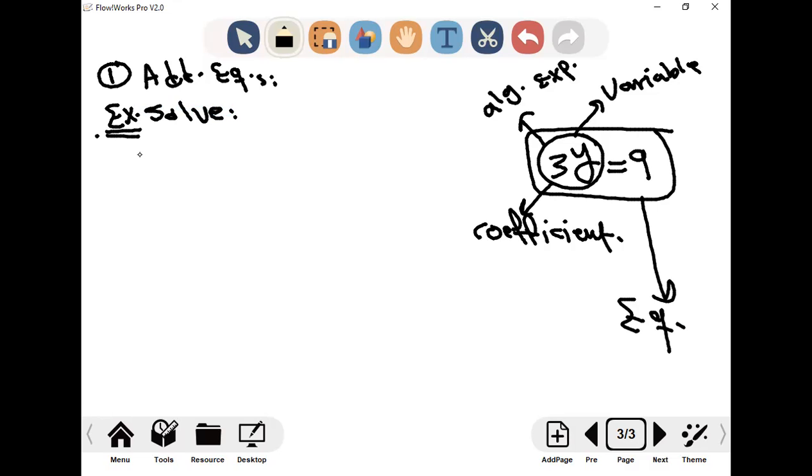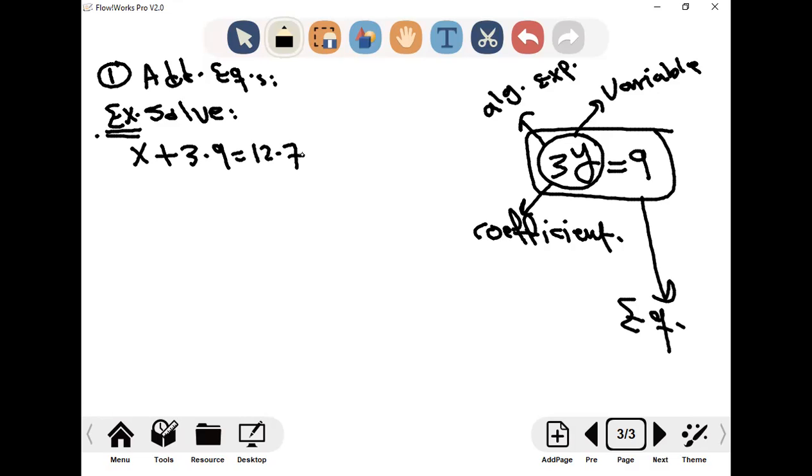So the first type is the addition equation, like x plus 3.9 equals 12.7, for example. This we call an addition equation. It has addition only. How did we do it? We said we make shifting, right? Where is the variable here? x. And 3.9 is the connected number.